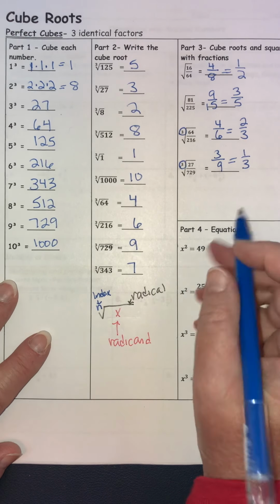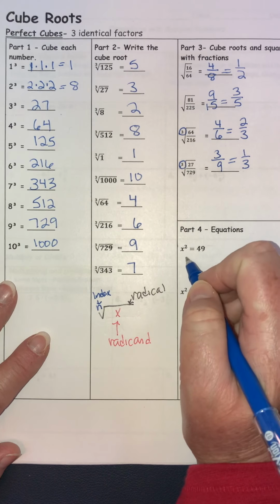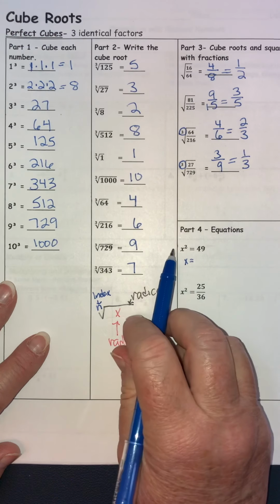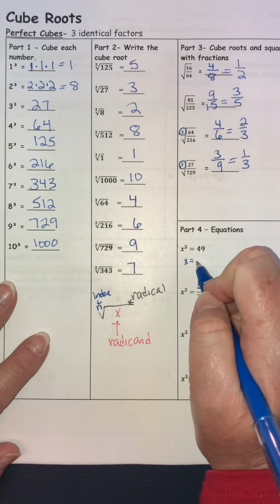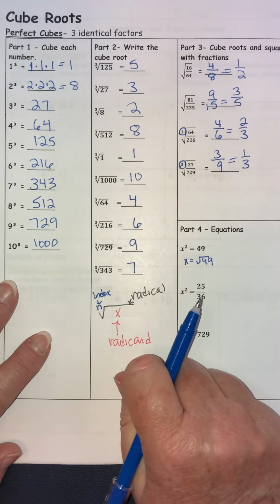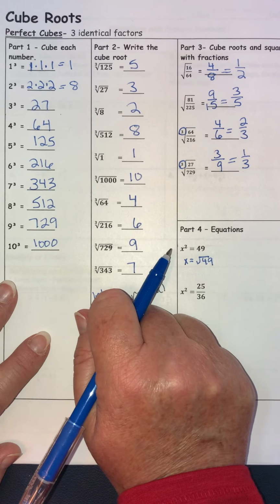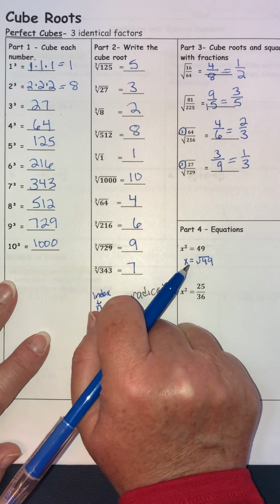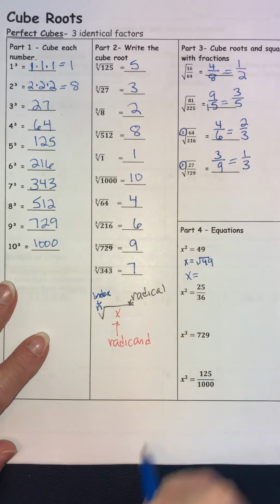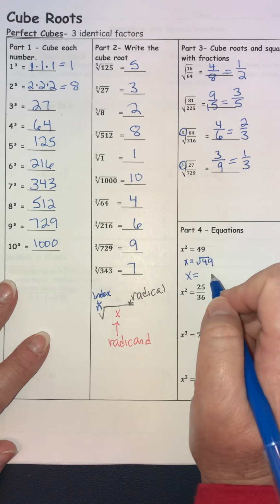So what I would do here is say x is the square root of 49. In order to get my x, I have to use the inverse of squaring, which is my square root. And I know the square root of 49 equals 7.